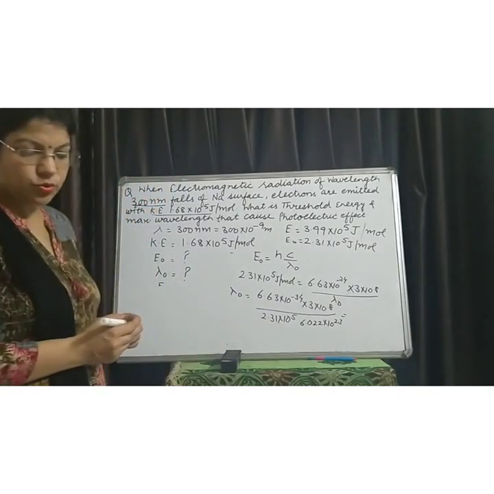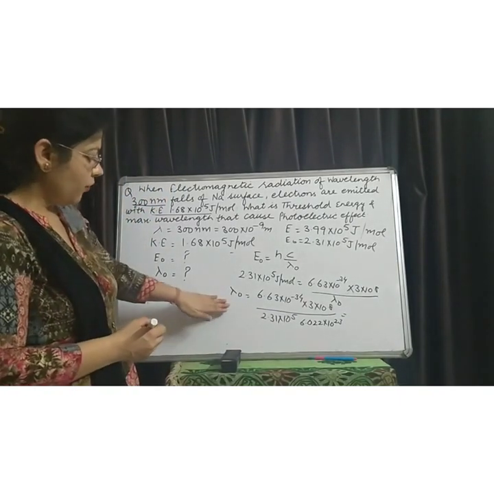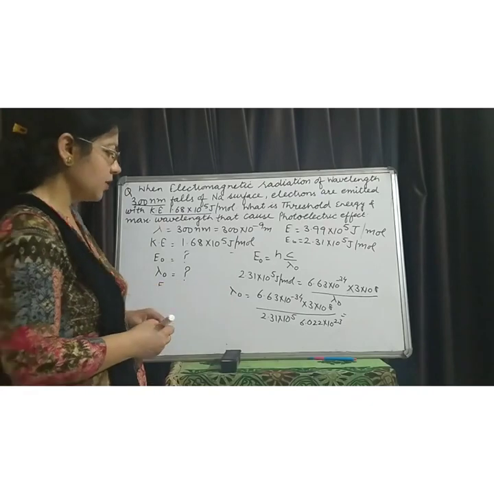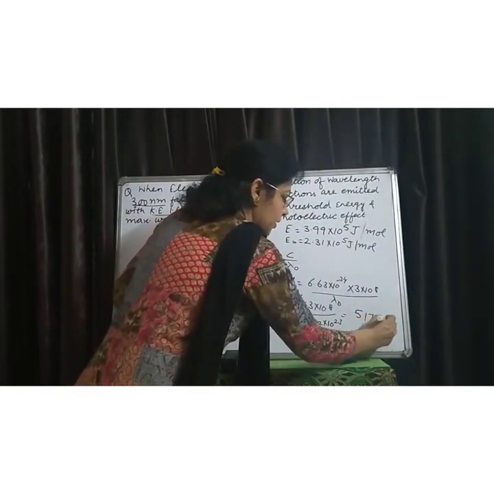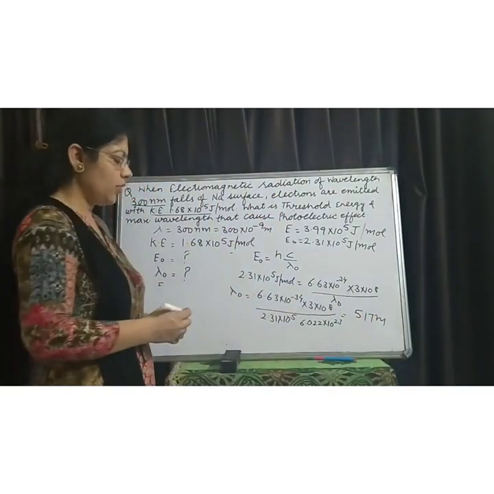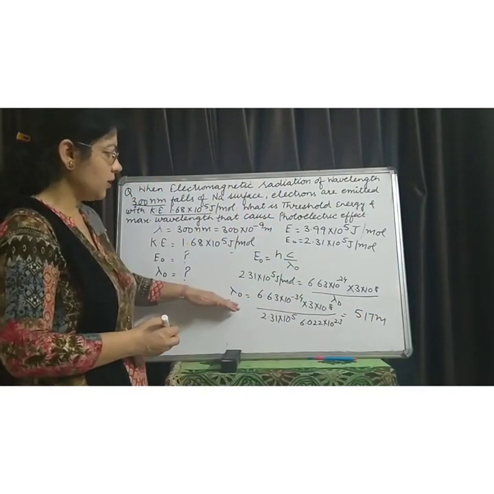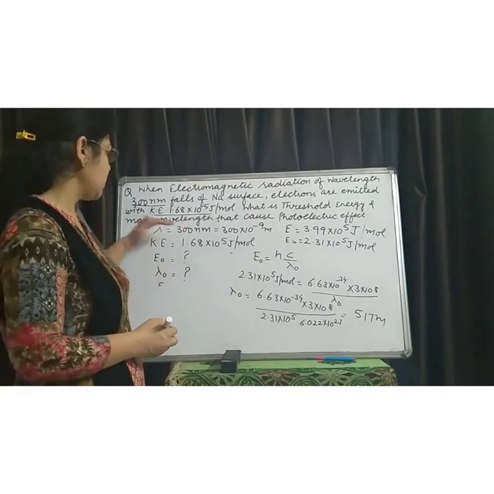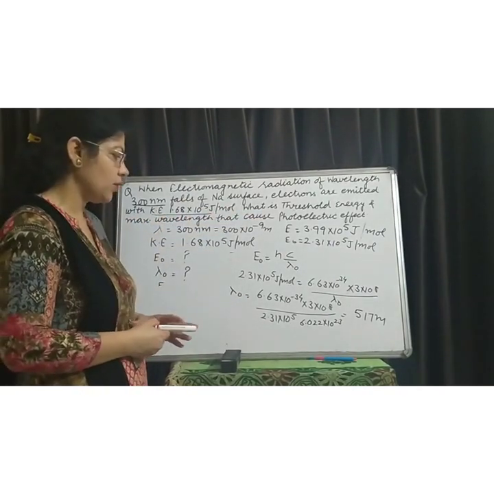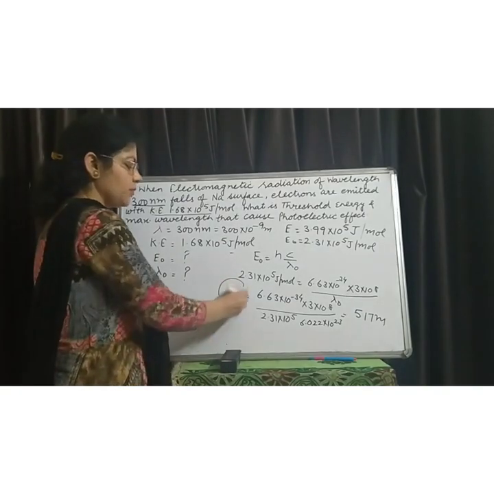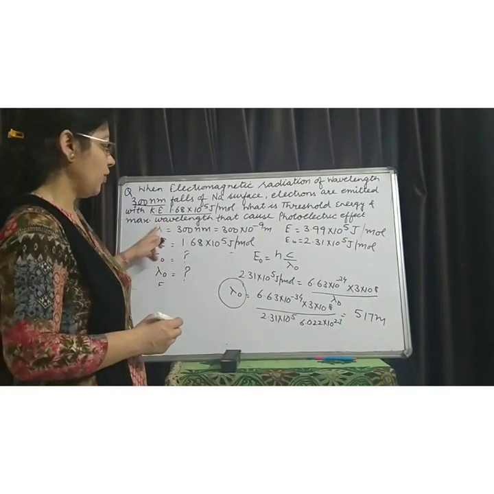When you solve this, you get the value of the wavelength, and this wavelength is 570 meter. This is the maximum wavelength that causes the photoelectric effect, also known as threshold wavelength.